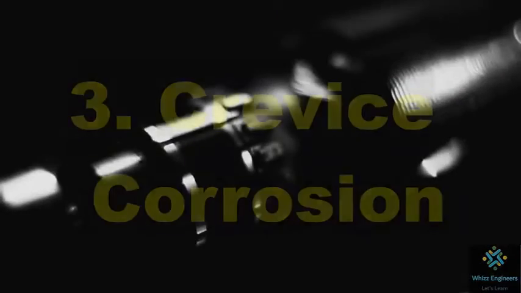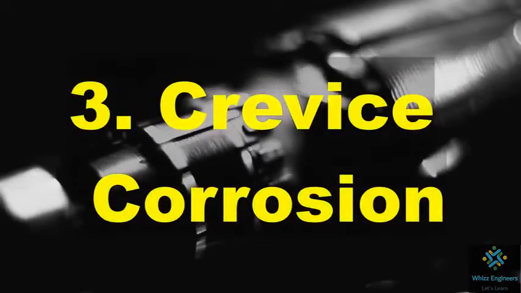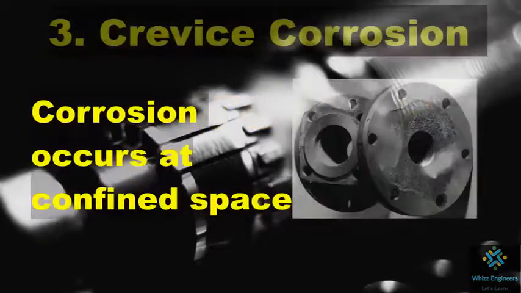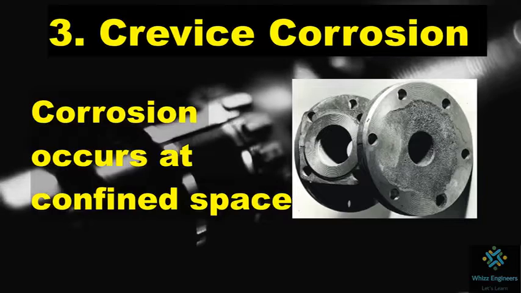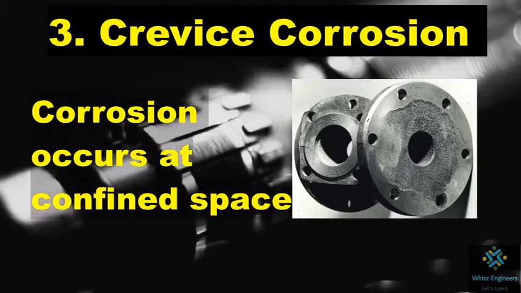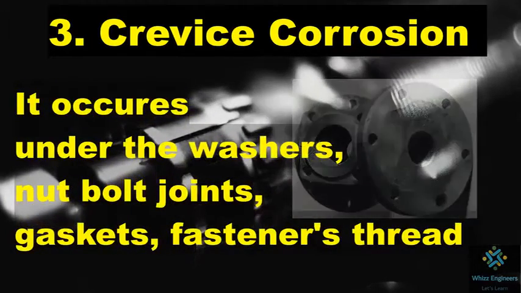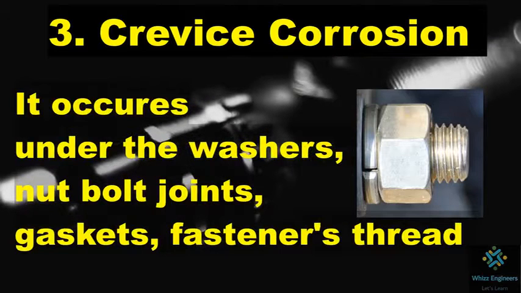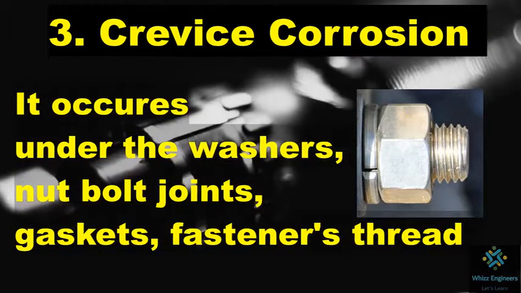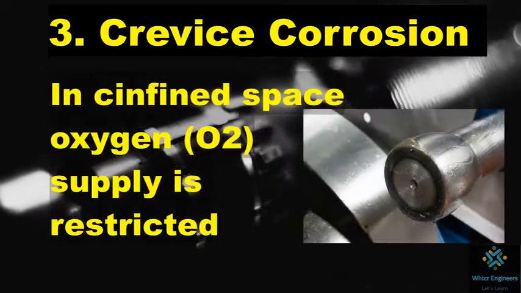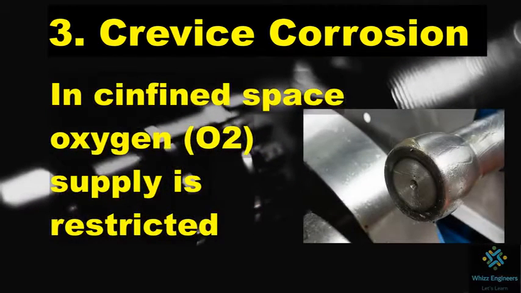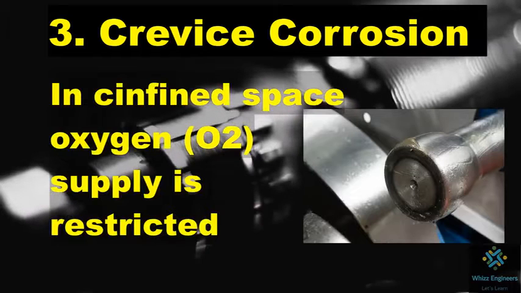Now the third one is crevice corrosion. As its name suggests, crevice corrosion refers to corrosion that occurs in a confined space, which creates a stagnant microenvironment. It occurs in shielded areas like under washers, bolt heads, gaskets and inside threads. In a confined space or a very tight crevice, the oxygen is restricted.